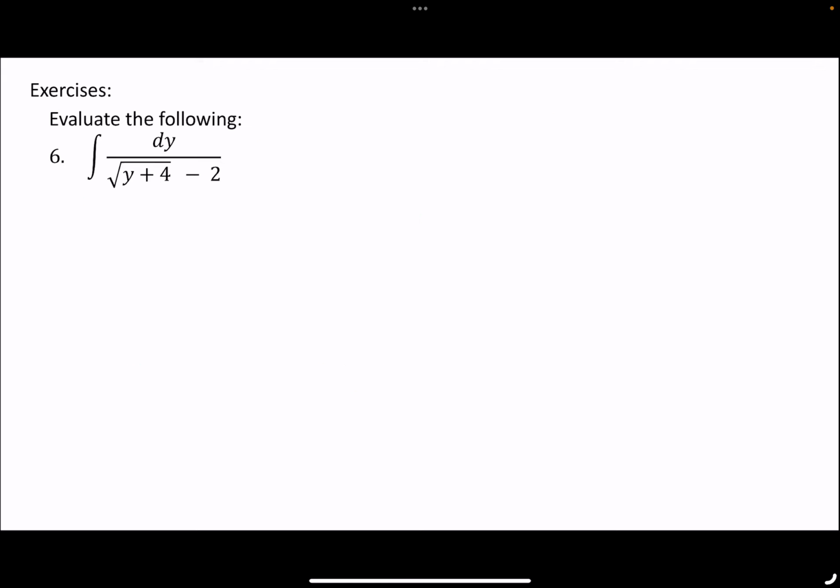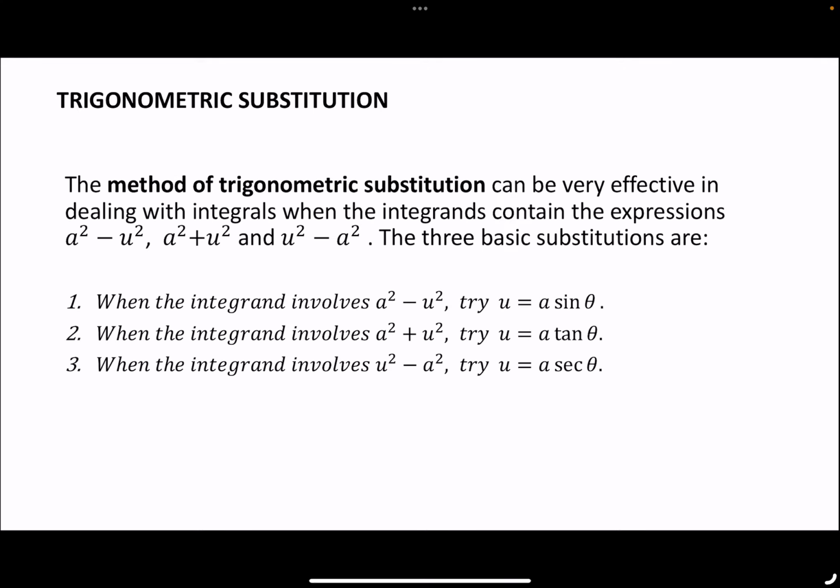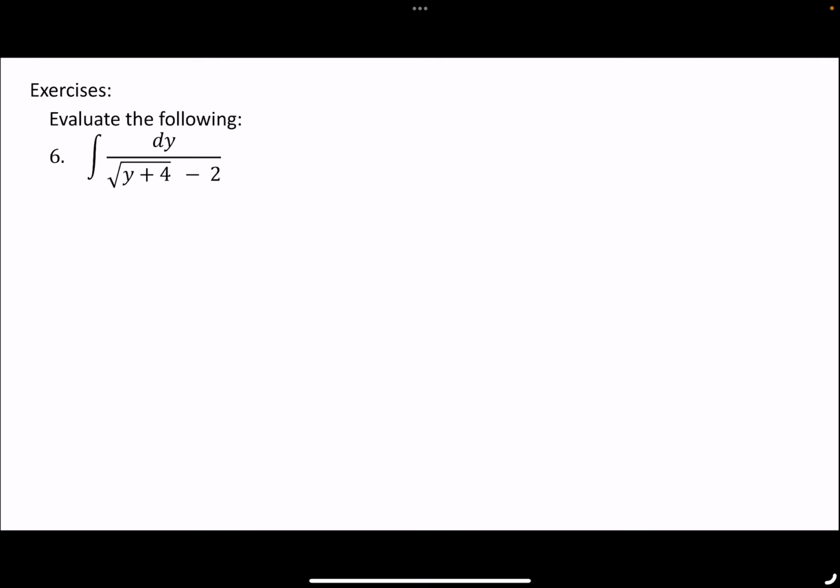Next, let's consider this: dy over square root of y plus 4 minus 2. So we can let z be equal to square root of y plus 4. So z squared is y plus 4.